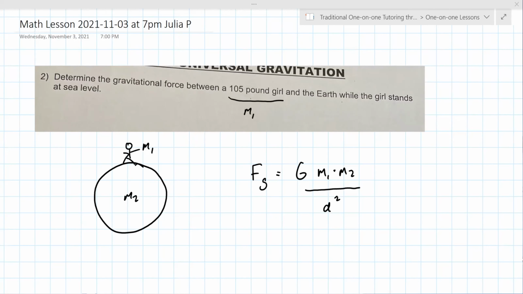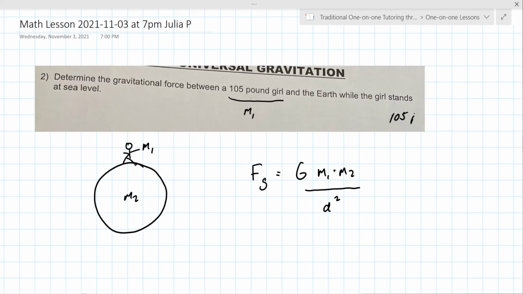Any kind of guidance on that? Because really it could go either way. Do you think you'll have the mass of the Earth in pounds or only in kilograms? I think he'll ask in pounds and then have us convert it into kilograms. That's what I was going to suggest.